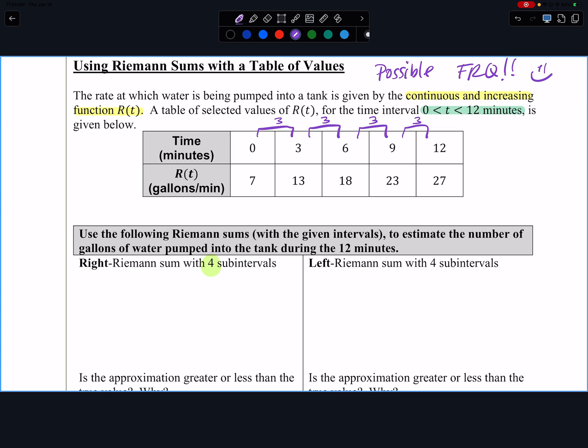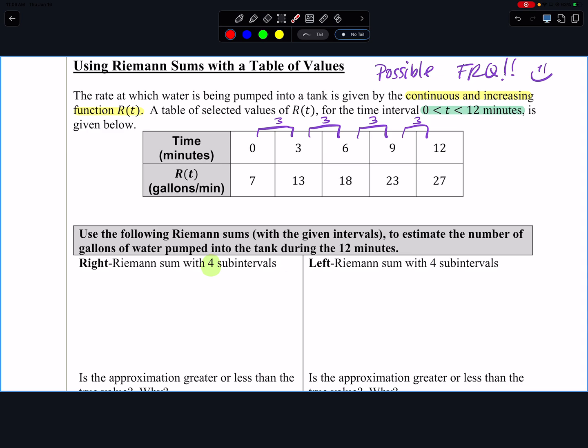Now, what I want you guys to think about is, if this is my rectangle on a graph, I would start at 0 and the width would be 3 till I get to 3. So which of these would be the right endpoint, 0 or 3? 3, because it's bigger. That means that the height would be the 13. Sorry, my laser's lagging really bad.